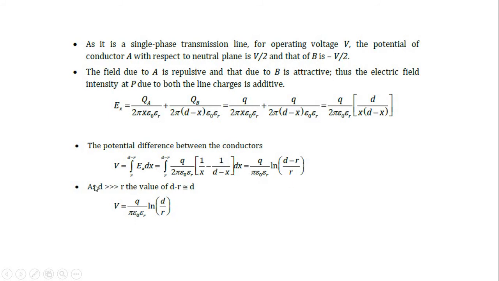Now, as the spacing between the conductors is very large compared to the radius, d minus r is approximately equal to d. So the equation becomes V is equal to Q upon pi epsilon 0 epsilon r ln d upon r.